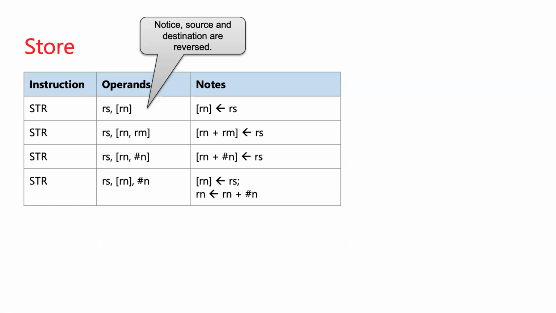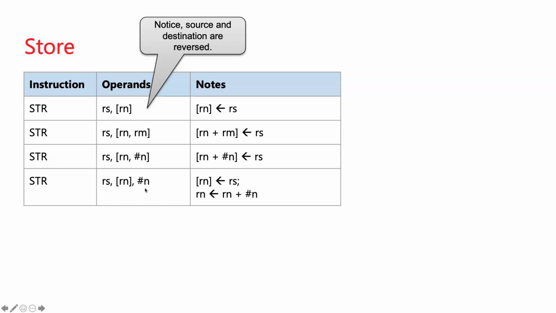These copy what's in a register to memory. And they look like the same four addressing modes we just looked at: copy to a location given by a register, or the sum of two registers, or a register plus an offset, or what's in the address given by a register and then bump ahead by some offset.